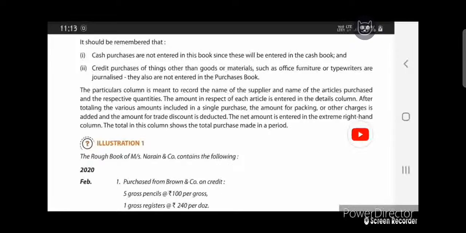After this, credit purchases of things other than goods or material, such as office furniture or typewriters, are journalized. They also are not entered in these purchase books. So what are the purchases of things other than goods and material?